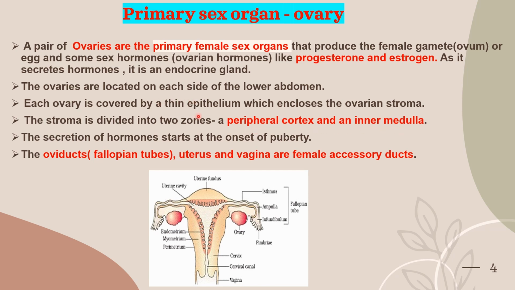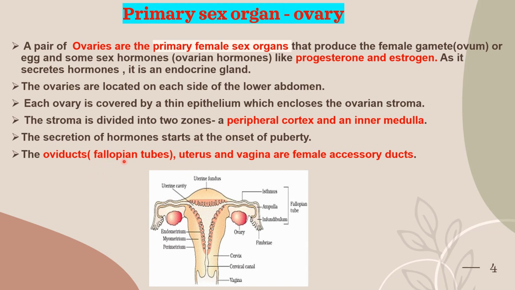So each ovary has three parts: the outer thin epithelium that encloses the stroma, which is divided into peripheral cortex and inner medulla. The inner medulla contains blood and lymphatic vessels. The secretion of hormones starts at the onset of puberty.